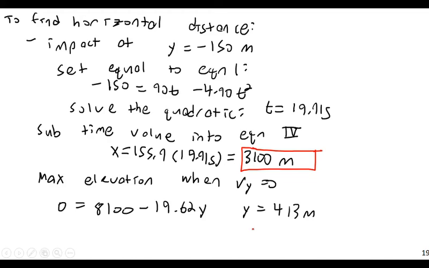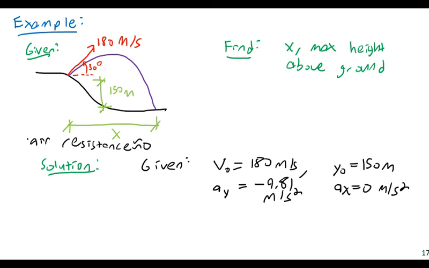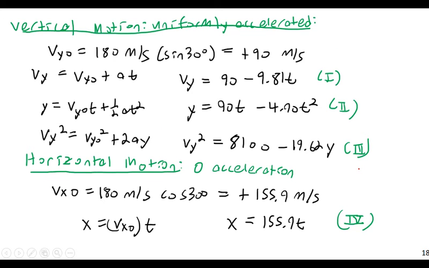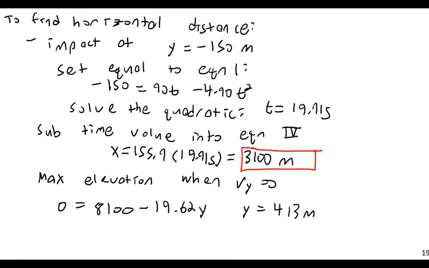I said it launched from y equals 0. So I'm saying the initial y was 150 meters. Actually, you know what? That doesn't maybe make sense. I don't like that. I think I like this one better. The question is whether I add another 150 meters to say the max elevation above ground.